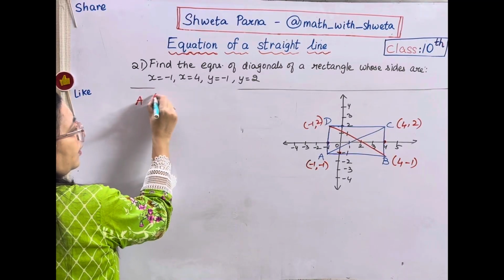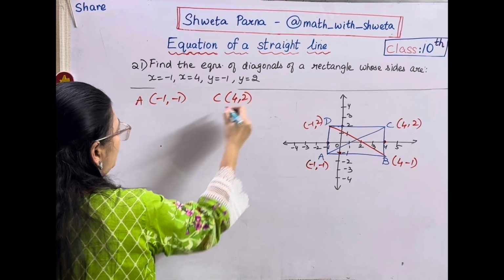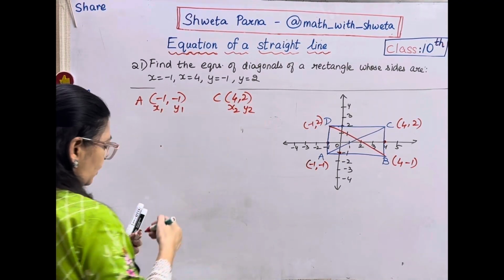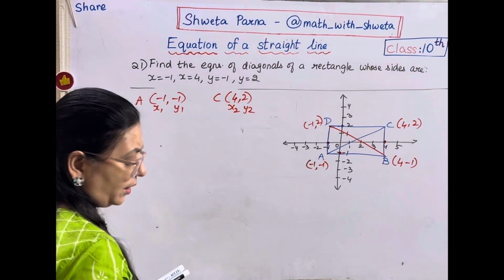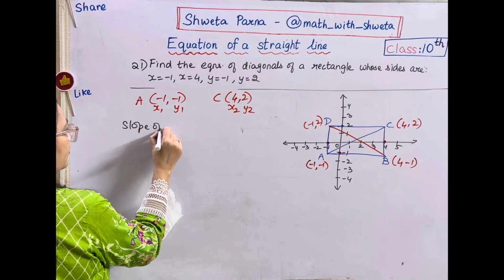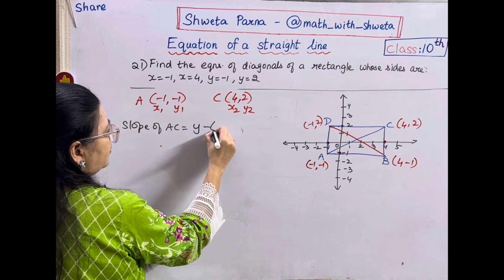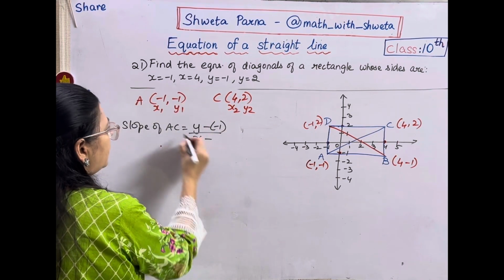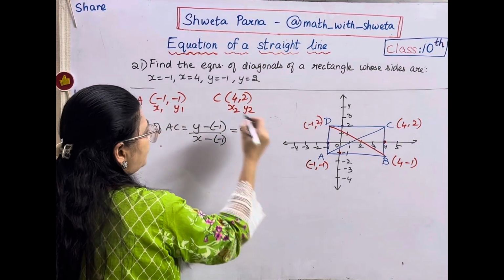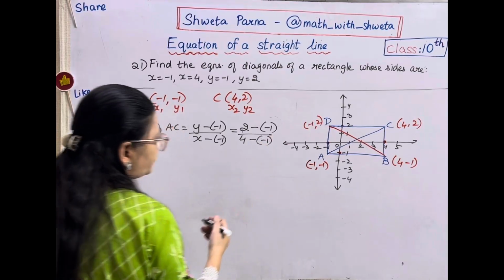So A is minus 1, minus 1, C is 4 and 2. So this is x1, y1, this is x2, y2. Okay, come on, let's use the same format. Equation of AC: (y minus y1) upon (x minus x1) is equal to (y2 minus y1) upon (x2 minus x1).